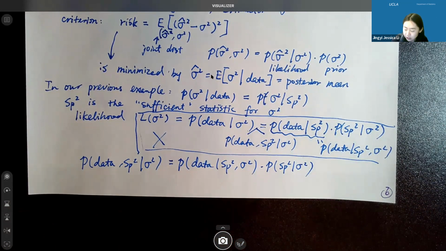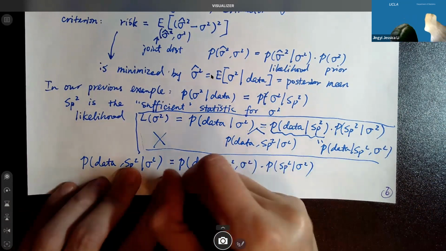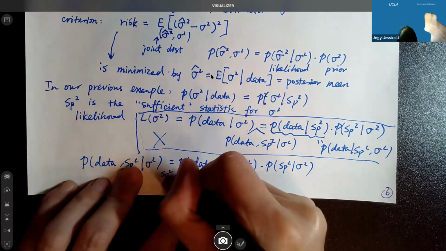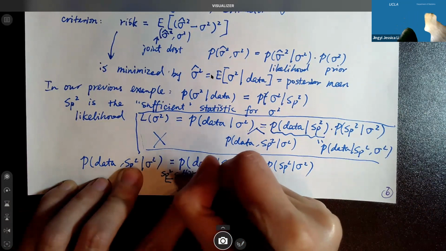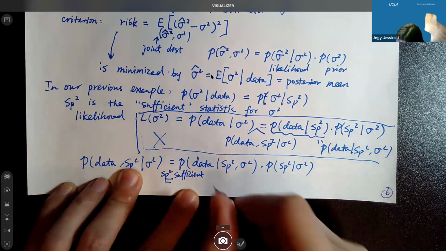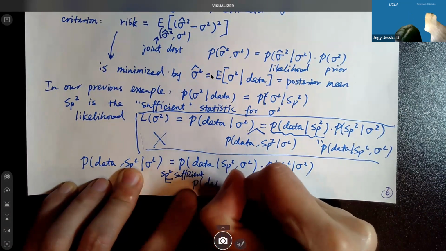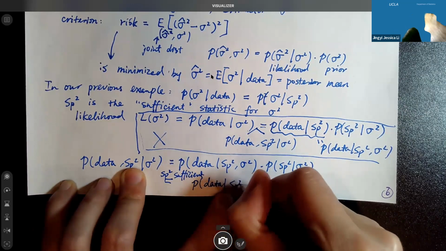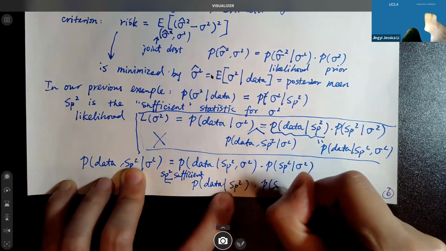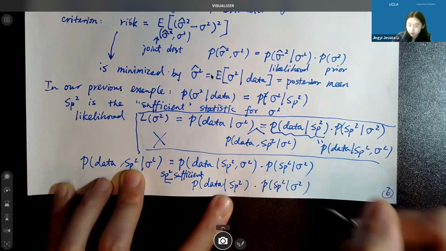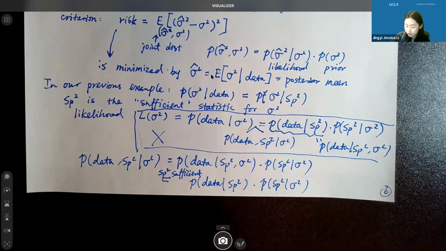But if S_p squared is sufficient for theta, then the first term becomes the density of data given S_p squared, times this. In other words, when you put the sufficient statistic into the conditioning, you no longer need the conditioning on sigma square.